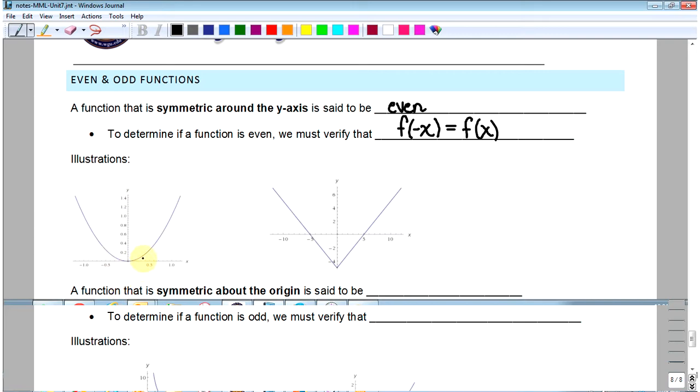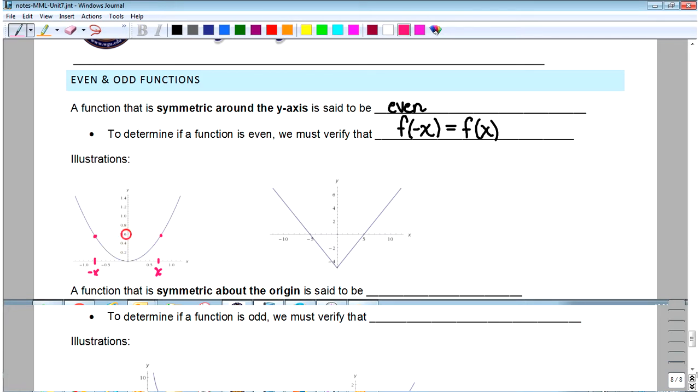Another way that you can look at this is in terms of our function notation. If we have an x value, and let's say we have the negative x value on the other side, when I look at the corresponding point on the graph, notice that they have the same function value.